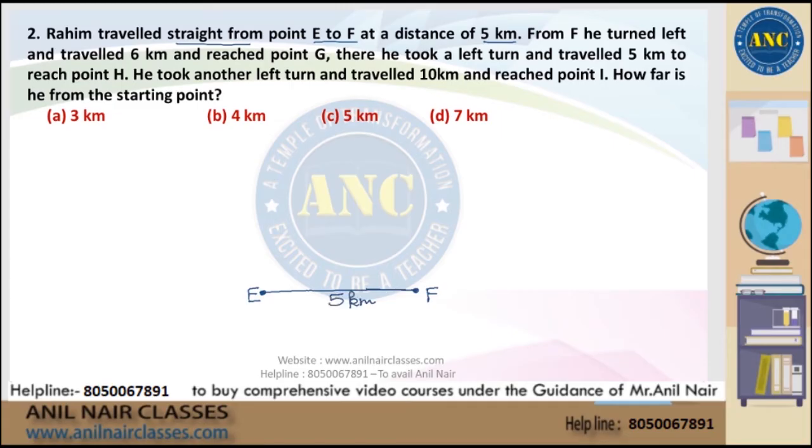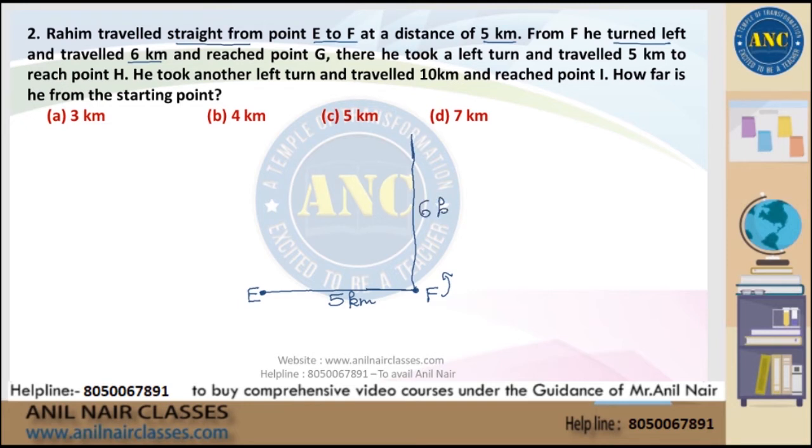Next, from F, he turned left and travelled 6 km. So F's left is the anti-clockwise movement. So anti-clockwise movement is this. So F is turning left and travelling 6 km. Okay.